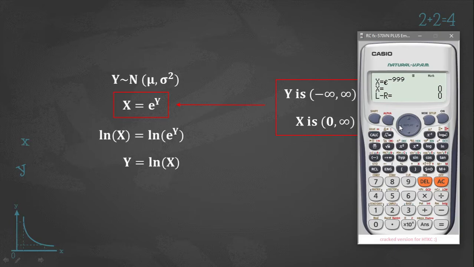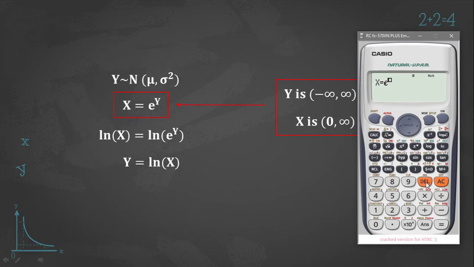I-try naman natin is positive 1. Approximately 2.72 ang value ng x. Positive 2. Approximately 7.39 ang value ng x.